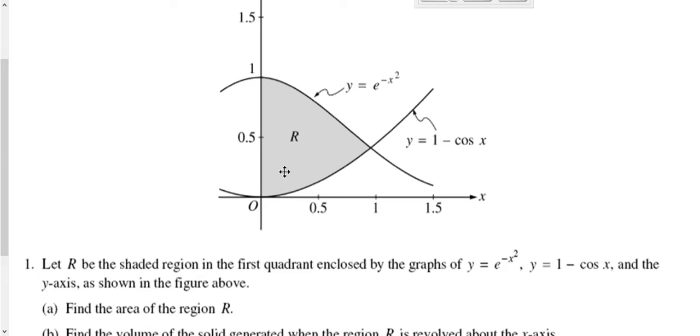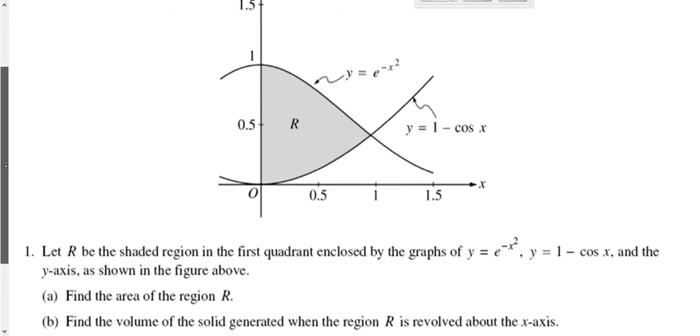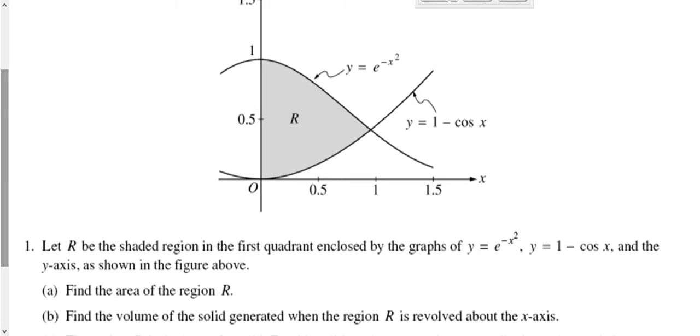Well, that was one of the first lessons we did when we started talking about volume and area between two curves, to find the area in between two curves. So the first thing we've got to do here is figure out the point of intersection right here. What's the value for x right there?